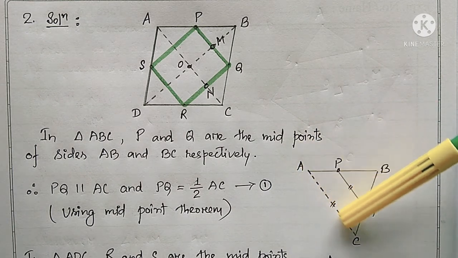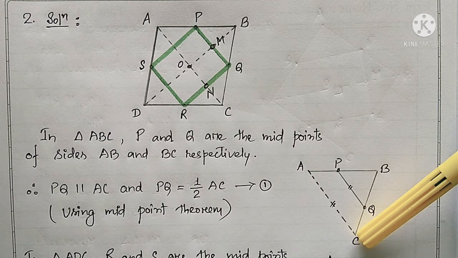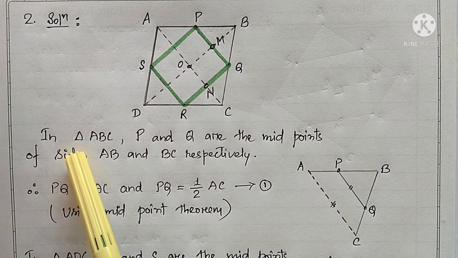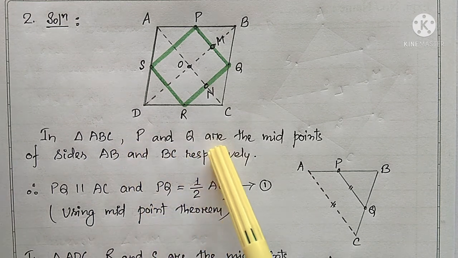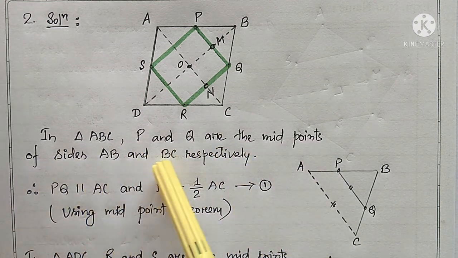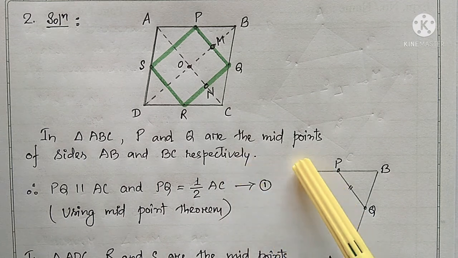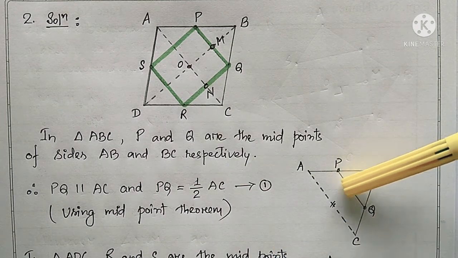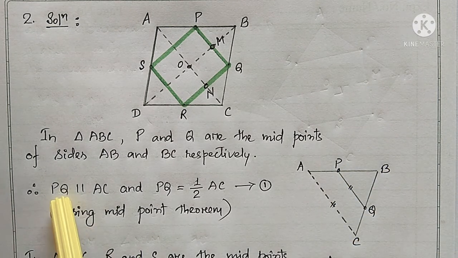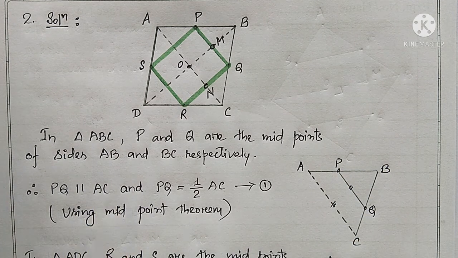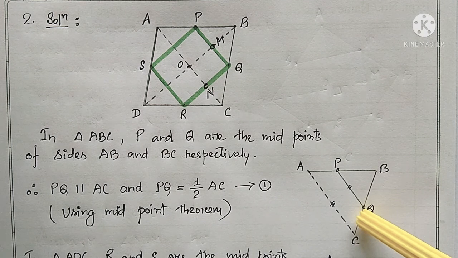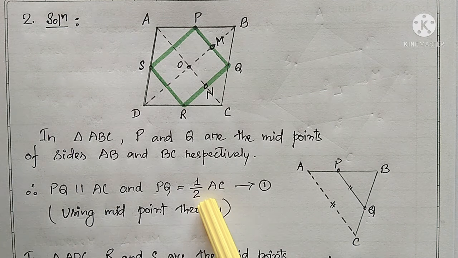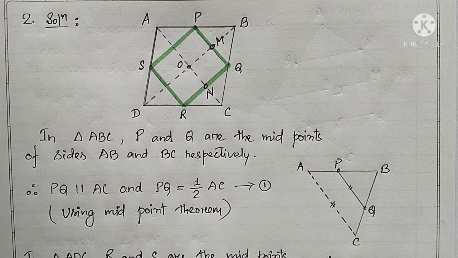That means this third side is AC, so PQ is half of AC. So that's why it is written here: in triangle ABC, P and Q are the midpoints of sides AB and BC respectively. According to our midpoint theorem, PQ is parallel to AC, as well as the length of PQ is half of AC. Understood this one? Okay. Now we put this as equation number 1.